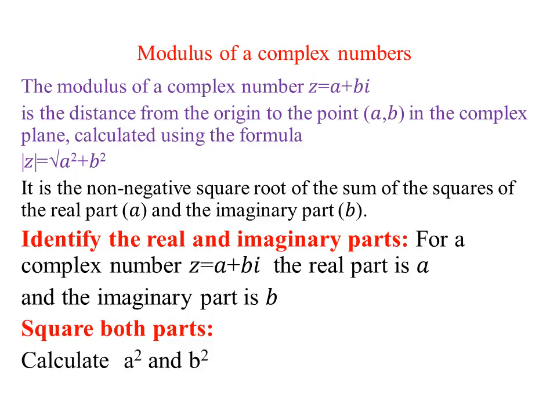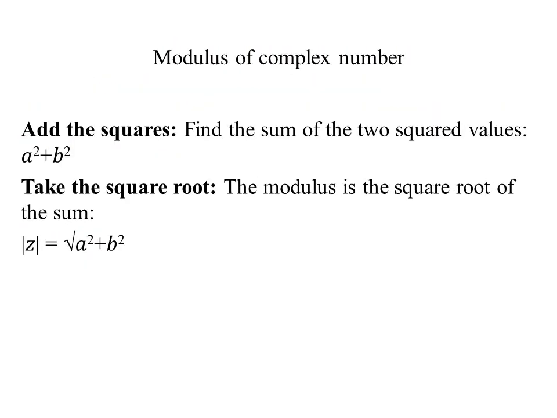After this, we have to identify the real and imaginary parts. For a complex number z equal to a plus bi, the real part is a and the imaginary part is b. After this, we square both parts. Calculate a square plus b square. After that, add the squares.